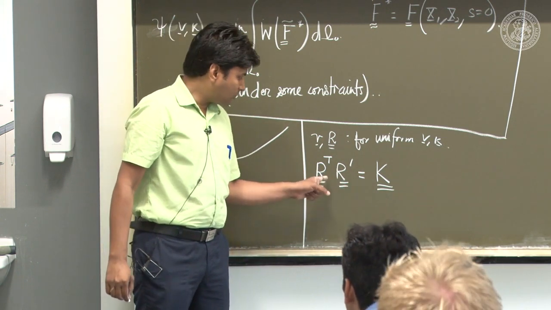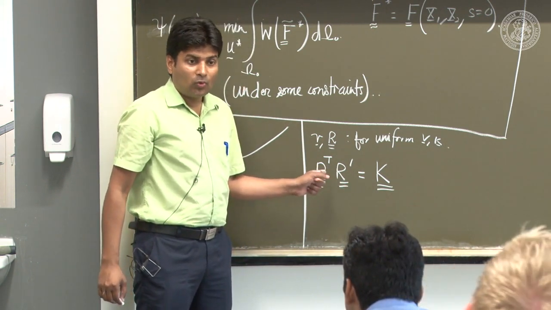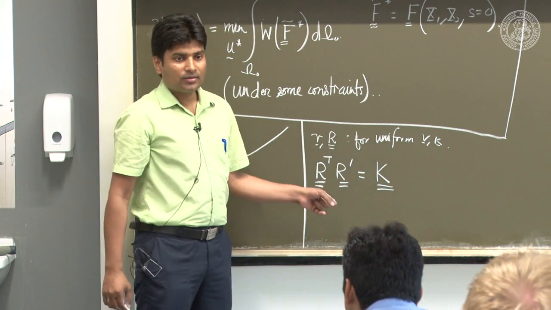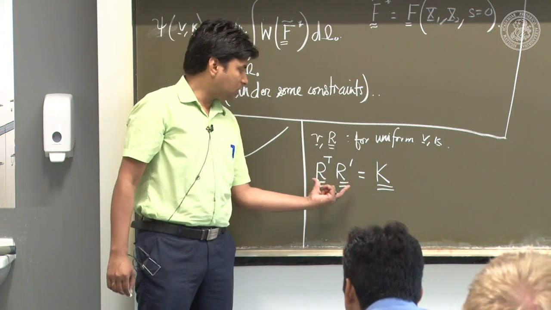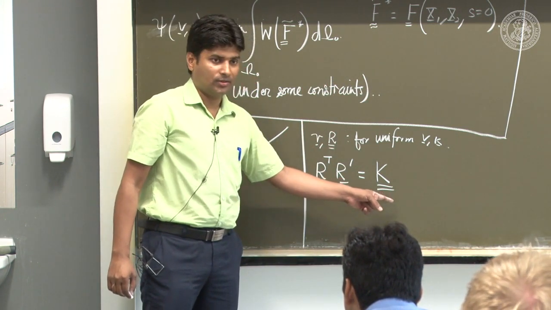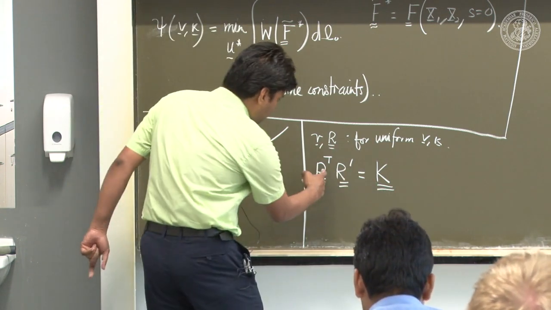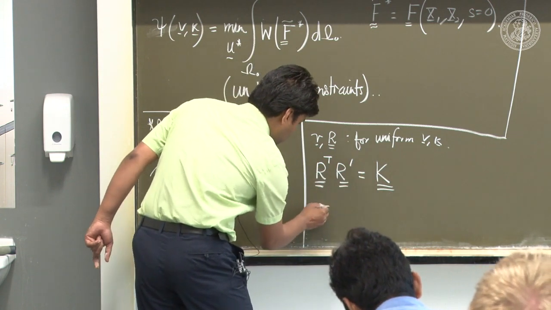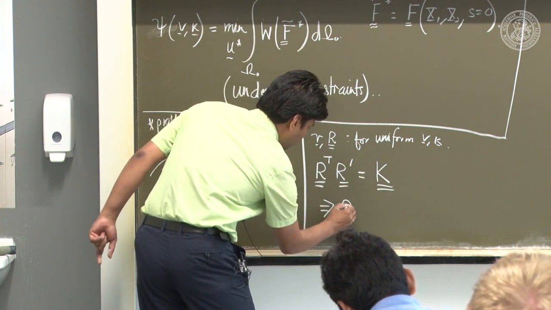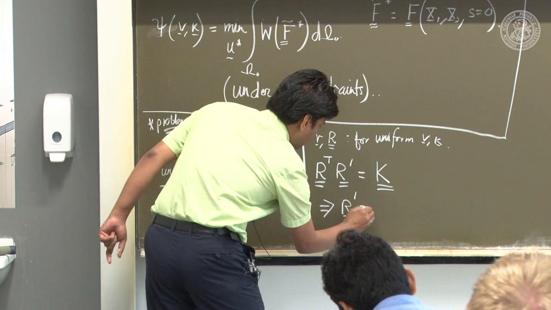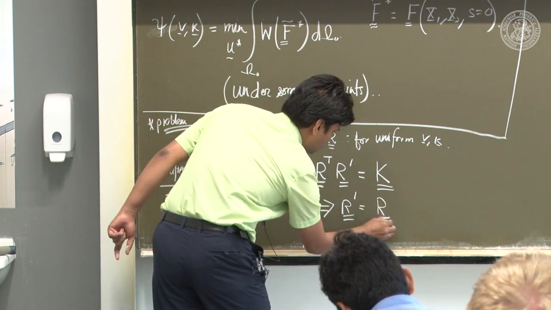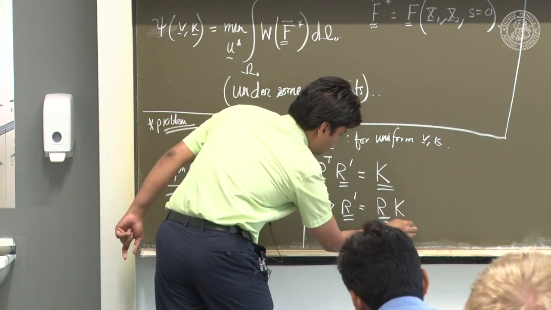But on the left hand side your big R would change with arc length, but they have to change in such a way that this gives you a constant K, because I am imposing constant K here. So, you bring this big R transpose on the other side, and then you get big R prime is equal to big R times K.